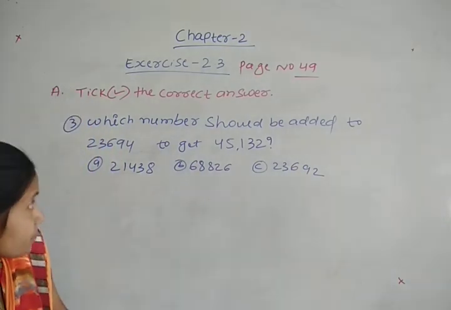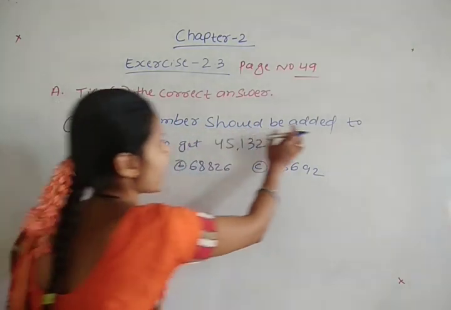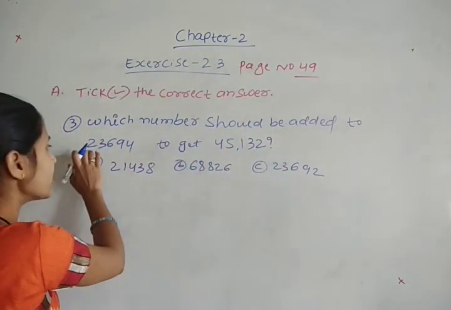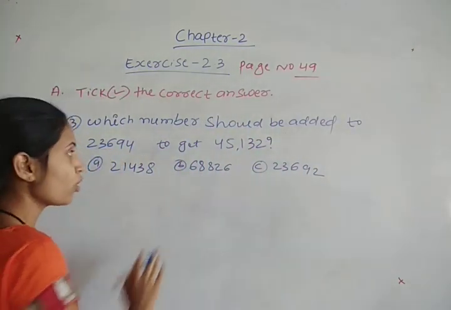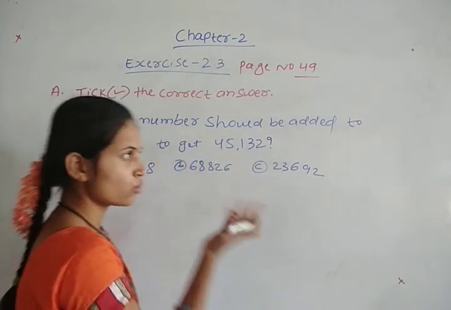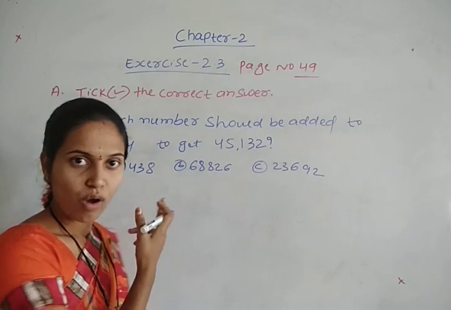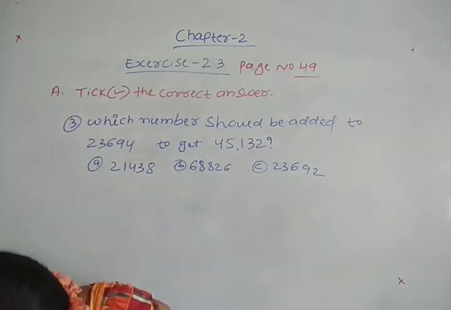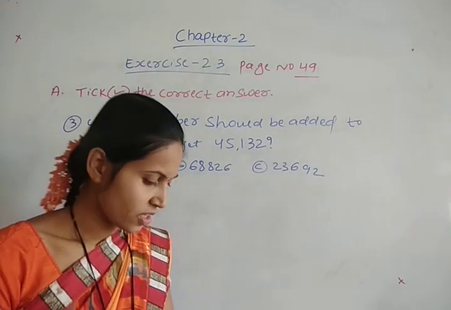They have asked which number should be added to this 23,694 to get 45,132. So we have also solved the same kind of problem in yesterday's class. I will tell you the number of that question.